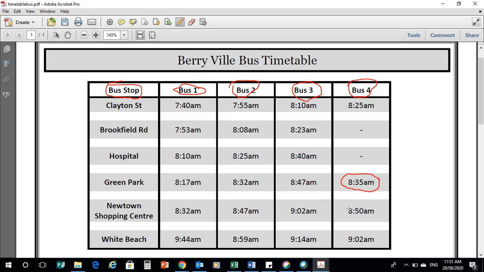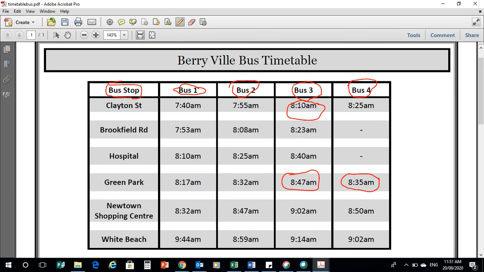Now, if we're looking at some time aspect of the timetable, we'll ask, how long does bus 3 take to get from Clayton Street to Green Park? So we look at Clayton Street on bus 3, and then we look at Green Park. Then we have to figure out how long there is between there.